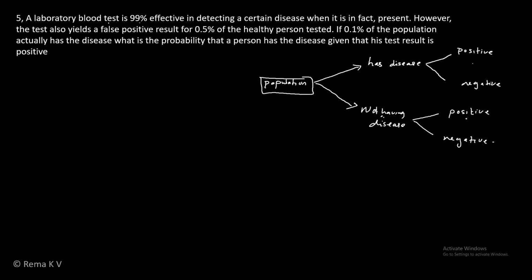For this group also the test result may be positive or negative. Now you have to identify what is E1 and what is E2. What is E1 and what is E2?